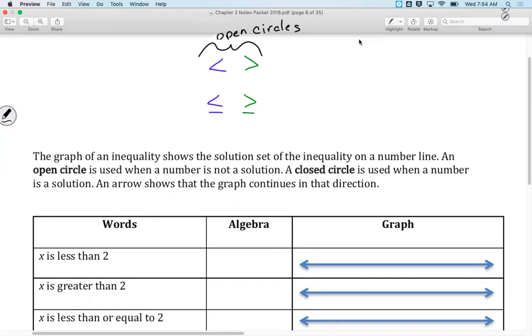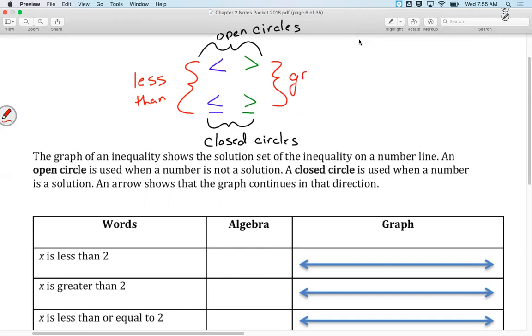Notice they don't have the line under it. These two symbols are closed circles because they have the line under it. These two are the less than, and these two are greater than.